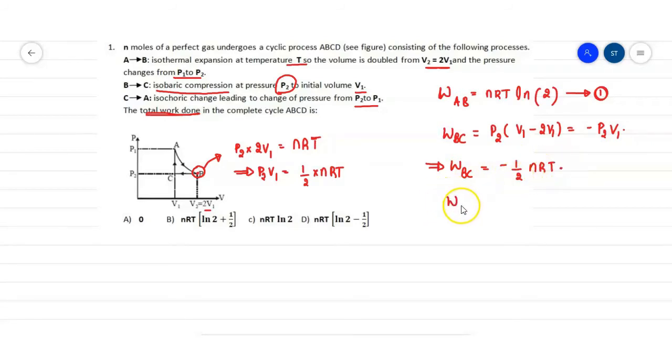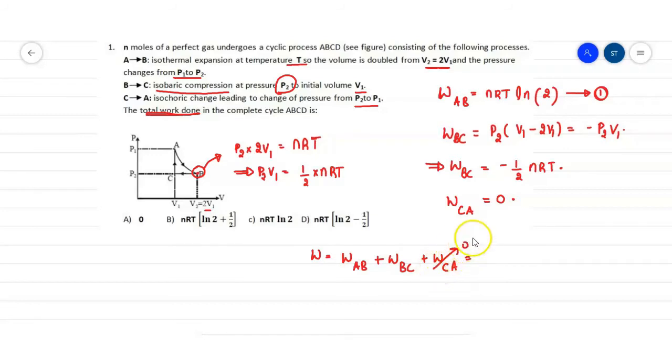Now coming to the last step, work done in the process CA. CA is an isochoric process. Work done in an isochoric process will be 0 as volume will be remaining constant. So this will be 0. So if I want the net work done in the cycle, that will be equal to work done in the step AB, in the process BC, in the process CA.